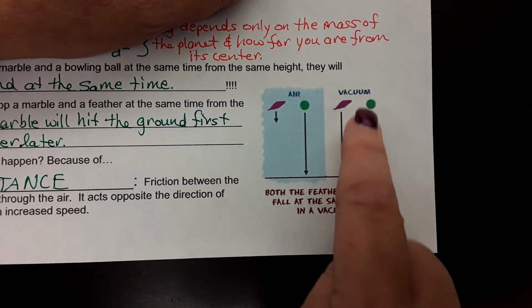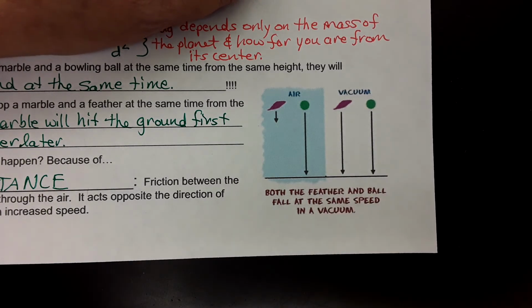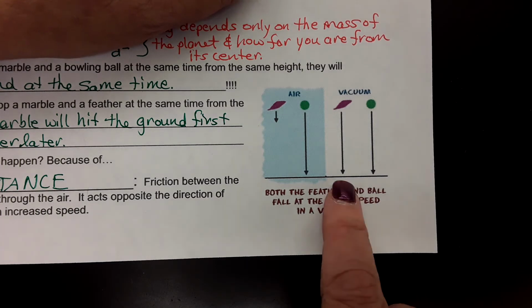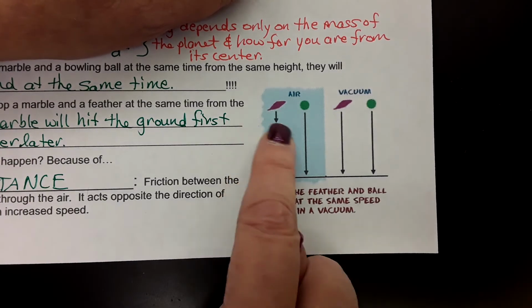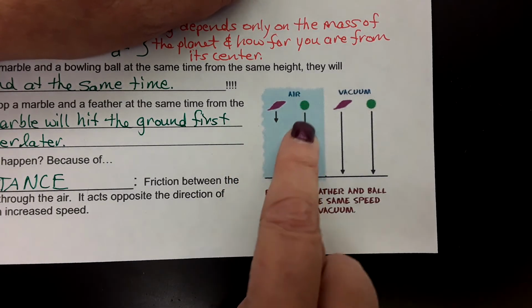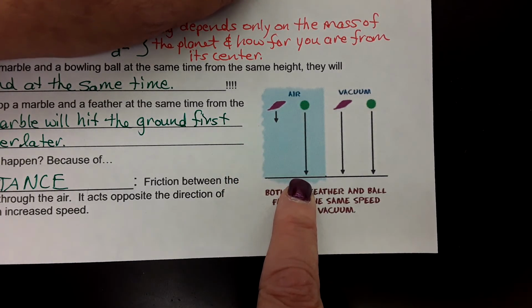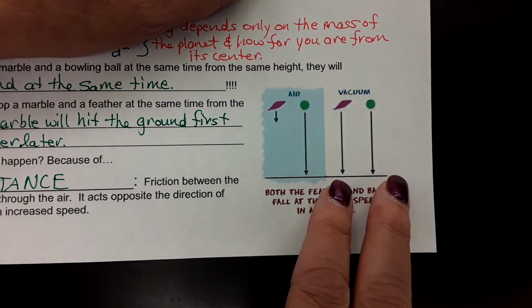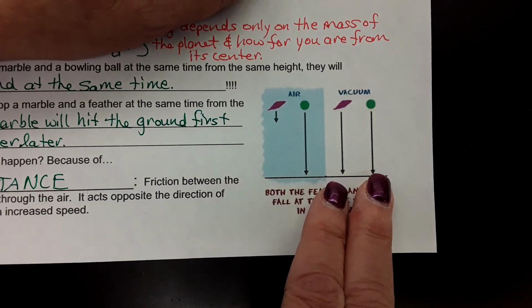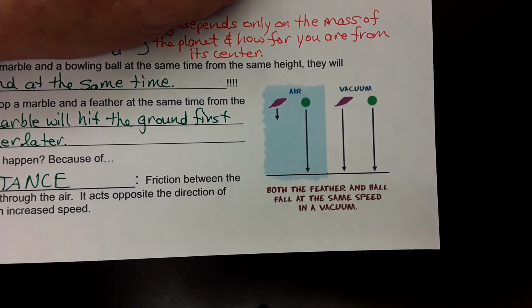The feather and the marble will hit the ground at the same time with the same speed. Unlike when you have air, where this one wafts around and takes longer, and this one goes straight down rather quickly. But on the moon, with no air resistance, they hit the ground at the same time.